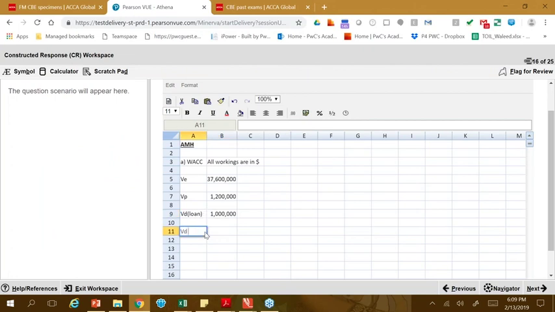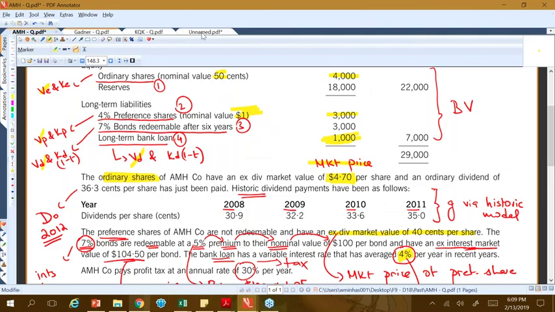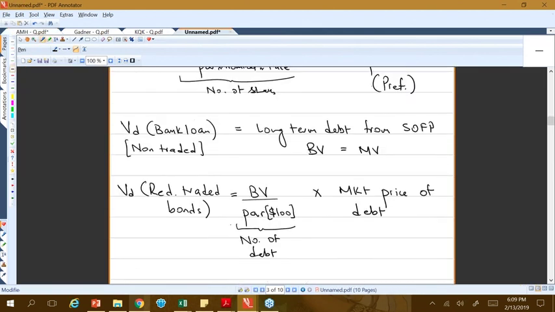Finally, the VD of the bonds, the redeemable debt. And again, go back to this set of notes. How do we find the VD of redeemable debt? Well, that is book value over 100 into market price of debt.